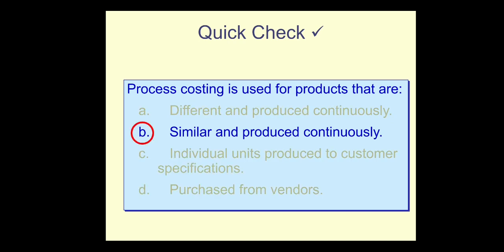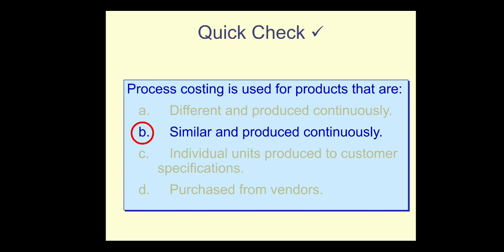Process costing is used for products that are similar and produced continuously. The example that we use is the Coca-Cola company. That company produces Coke soft drink. The product is the same.